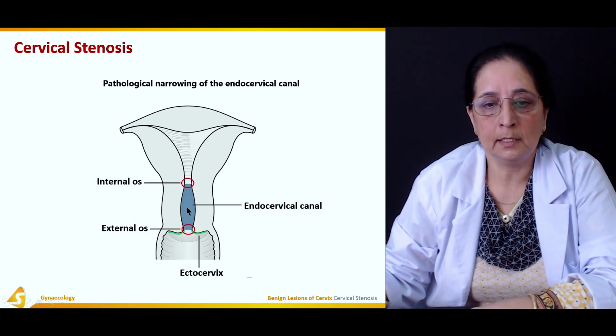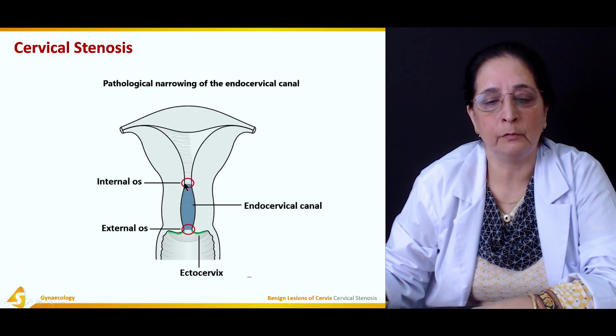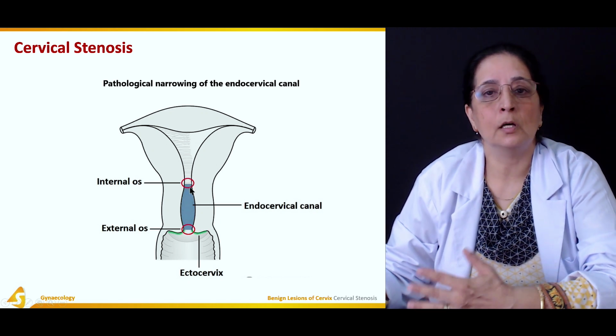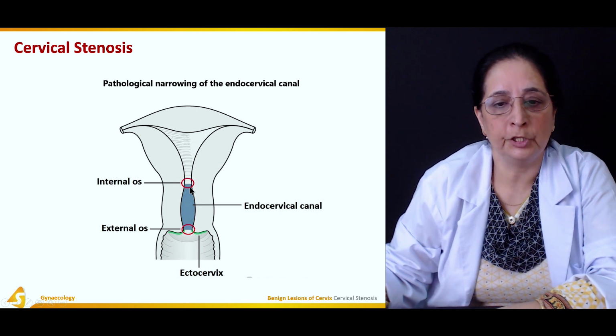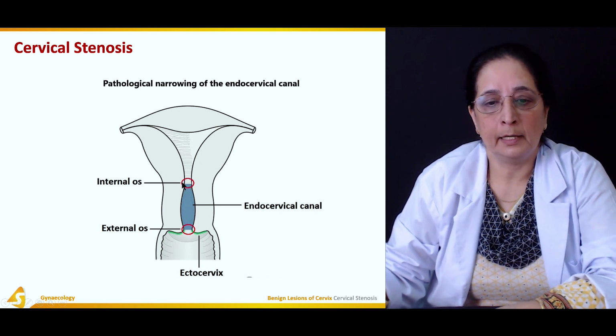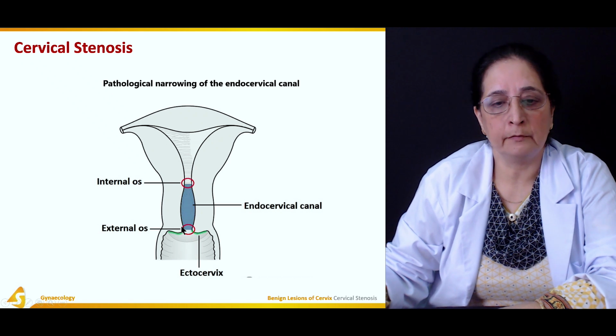So cervical stenosis is the narrowing of the endocervical canal. This is the cervix, this is the internal os of the cervix. This internal os is the lower portion of the uterus. The external os of the cervix opens into the vagina.